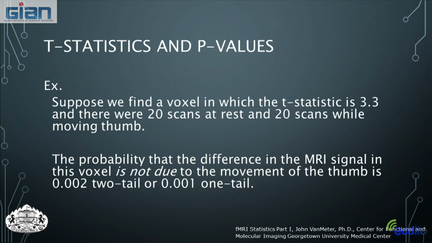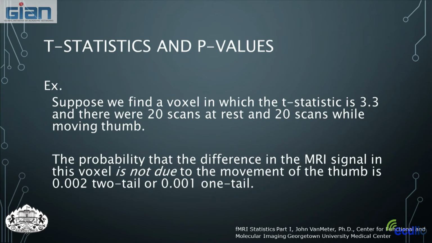Okay, so again, back to these t-statistics and p-values. Suppose we find a voxel in which the t-statistic is 3.3, and there were 20 scans that we took at rest and 20 scans that we took while moving the thumb. So the probability that the difference in the MRI signal in this voxel is not due to the movement of the thumb is 0.002 for a two-tailed or 0.001 for a one-tailed.